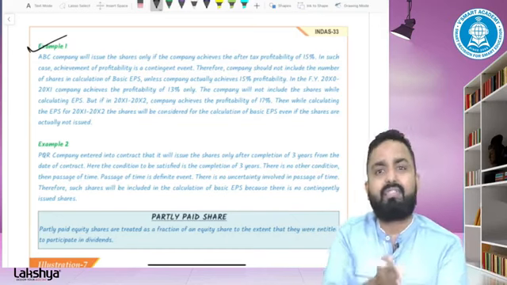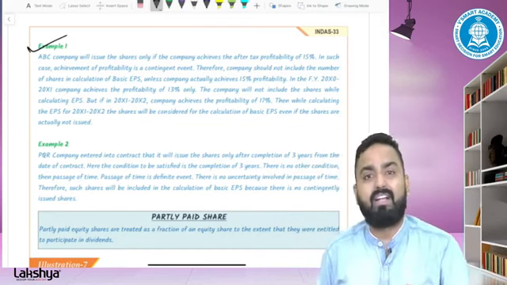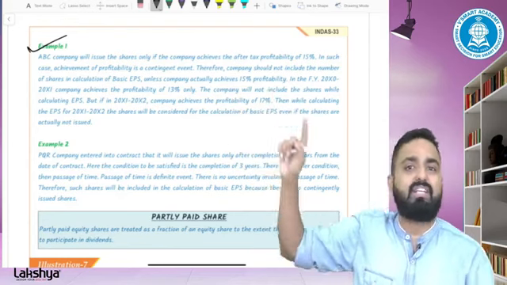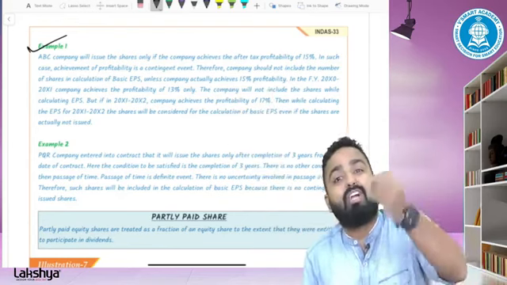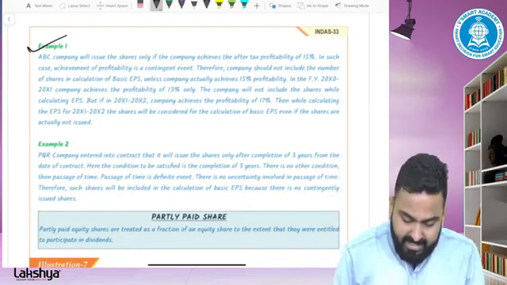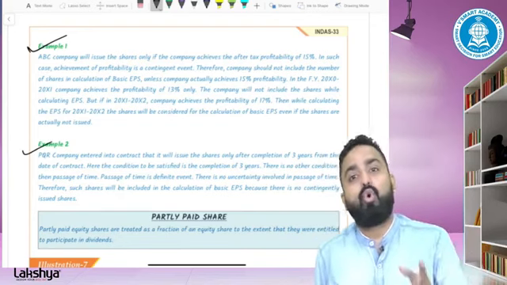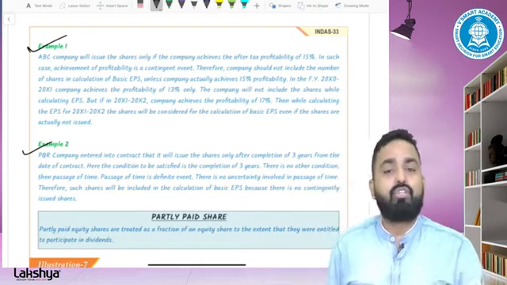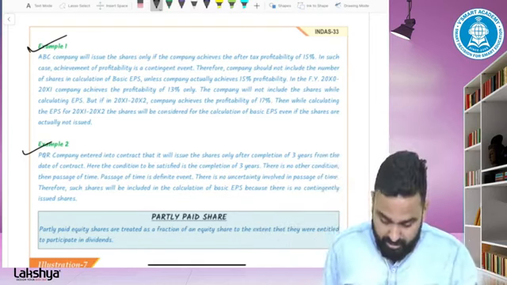As soon as the condition is satisfied, I will consider the number of contingently issuable shares from that date, even though the shares are not actually issued. But in the second example, the shares will be issued only after 3 years. No other condition is there other than passage of time, so these are not contingently issuable shares. Understood?